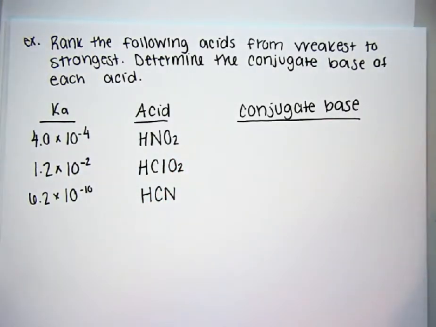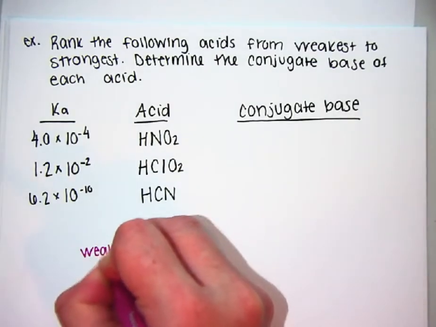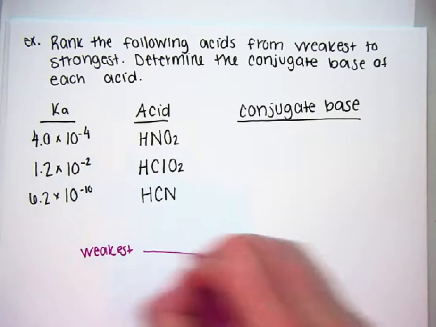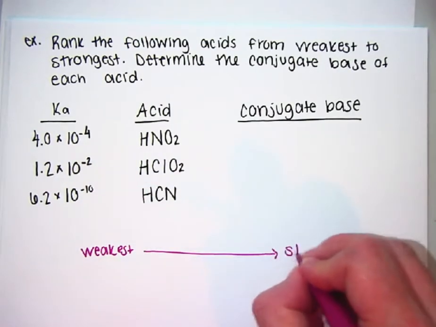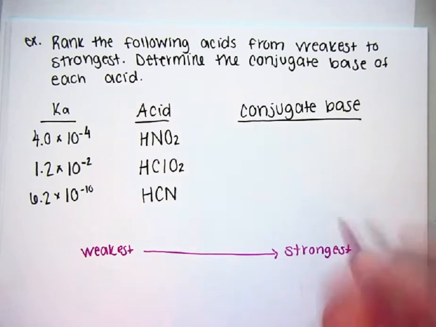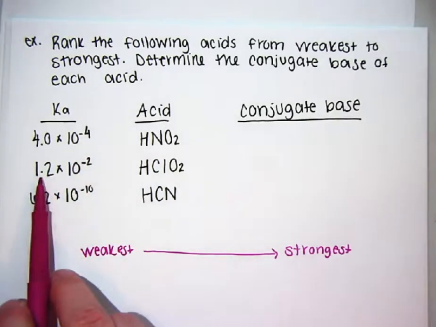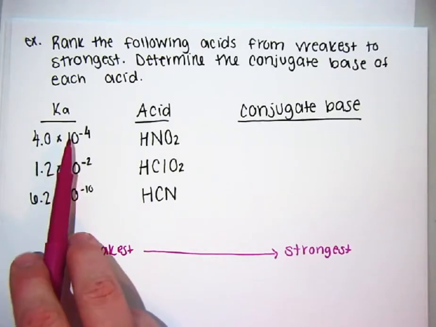Alright, so we are going to rank from weakest to strongest. The higher the Ka value, the stronger the acid. The lower the Ka value, the weaker the acid. Make sure you pay attention to your scientific notation and not just the numbers. The vast majority of acids and bases are weak and they're going to have a Ka less than 1.